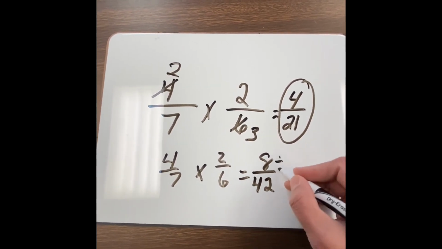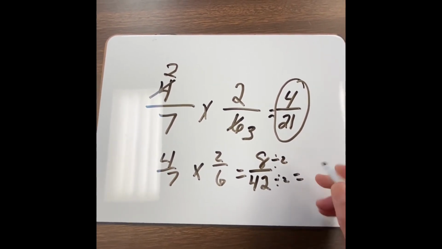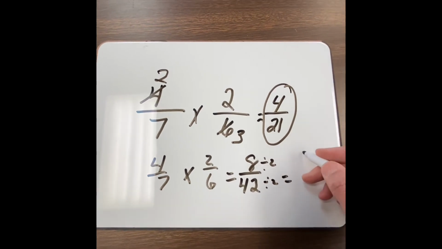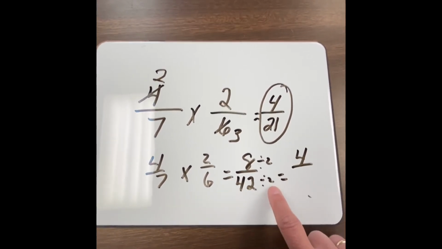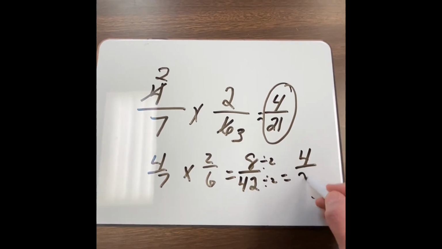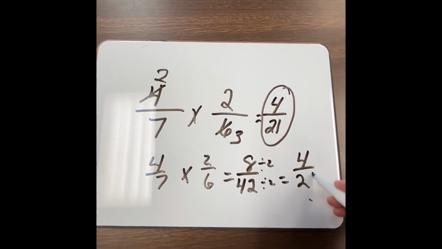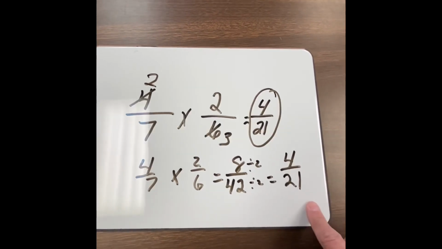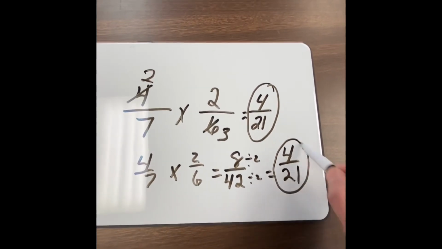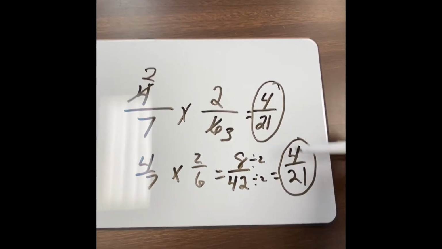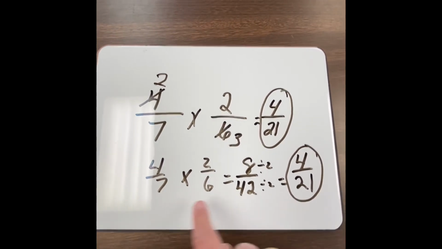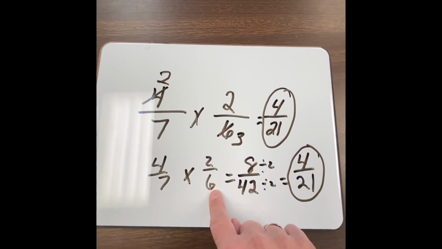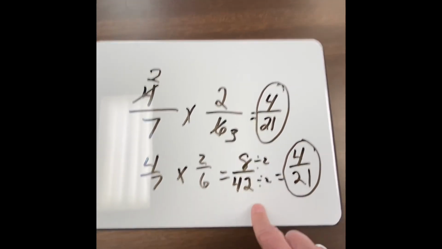So if we divide by 2, 8 divided by 2 is 4. 42 divided by 2 is 21. So 4 over 21. Are they the same? Same answers, okay? It's just if you don't cancel within the problem, you have to reduce at the end.